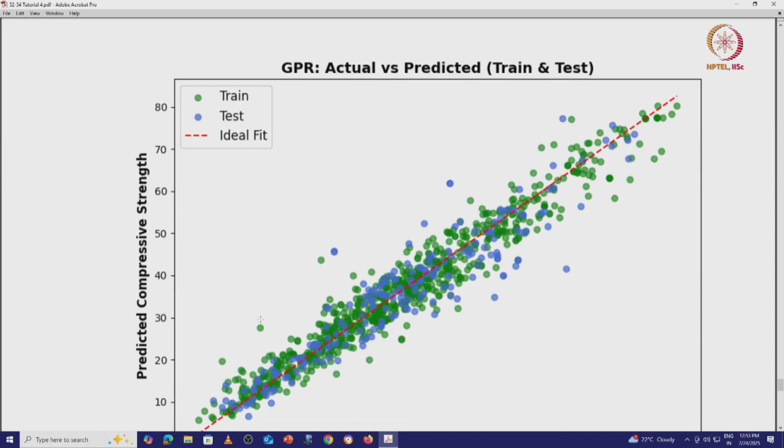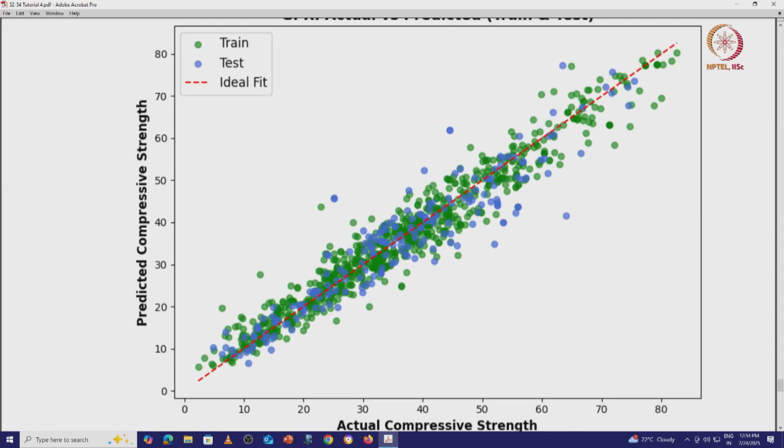So this is the parity plot for when we are using the constant times the RBF kernel plus the white noise kernel, and you can see that this is quite a nice parity plot. There are some points which are not as well predicted, but most of the points lie along the ideal y equal to x line.